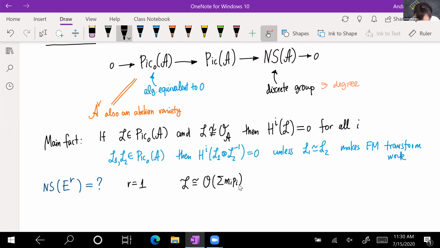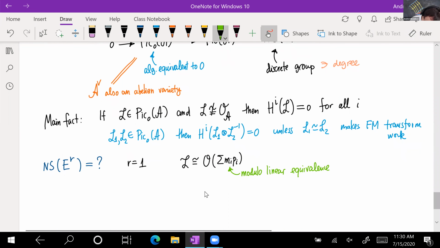In fact, this is true for any curve, and this is taken modulo the equivalence. And then the degree is just the summation of m_i. And so this is an integer. That integer is the Néron-Severi group.